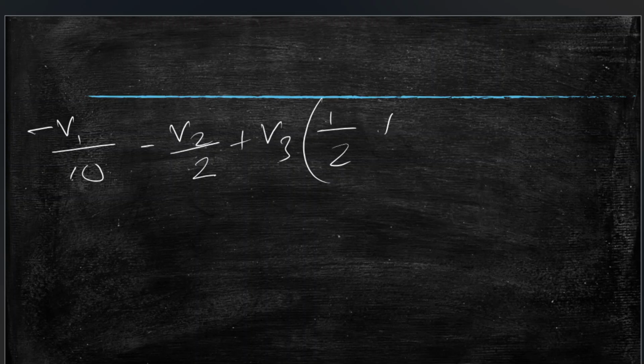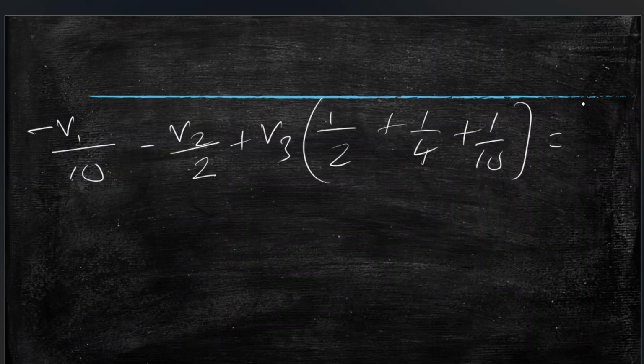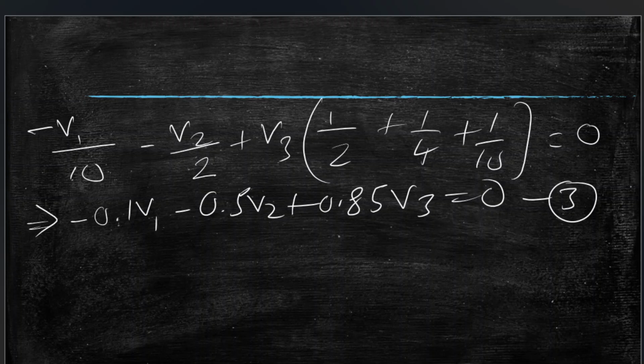Are there any sources? No sources for V3, so equal to 0. Simplifying: minus 0.1 V1 minus 0.5 V2 plus 0.85 V3 is equal to 0. That's our equation 3. Now we have three linear equations.